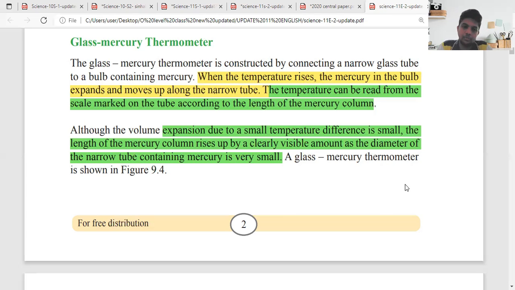Next point. Expansion due to small temperature difference is small.